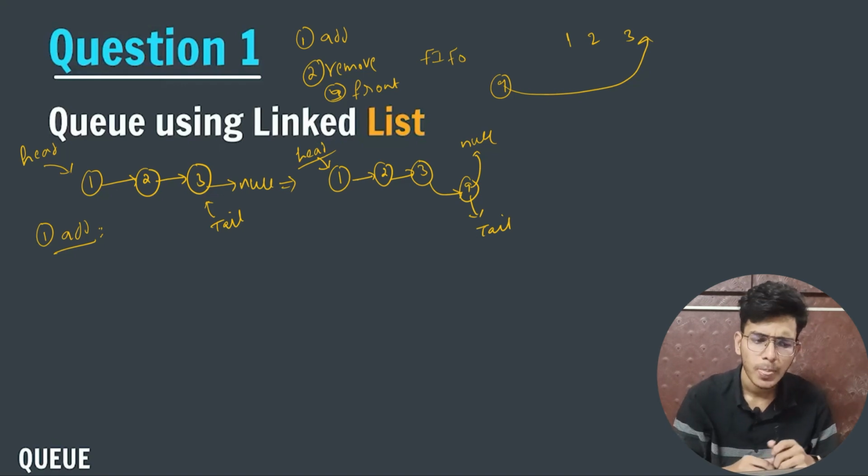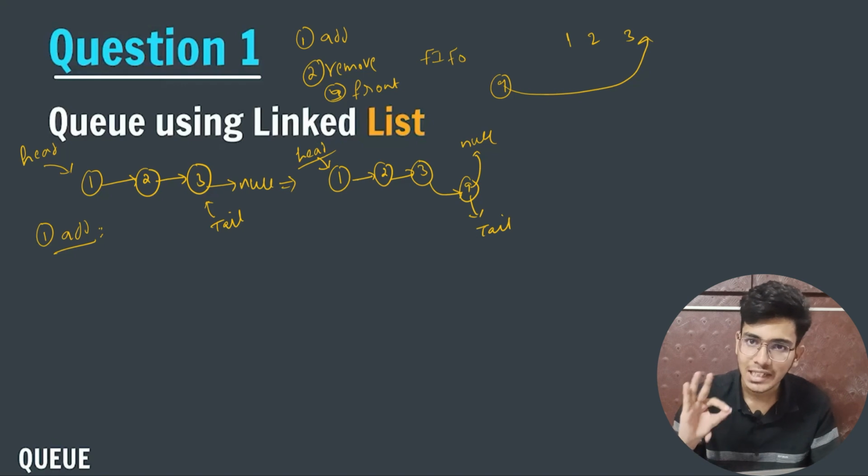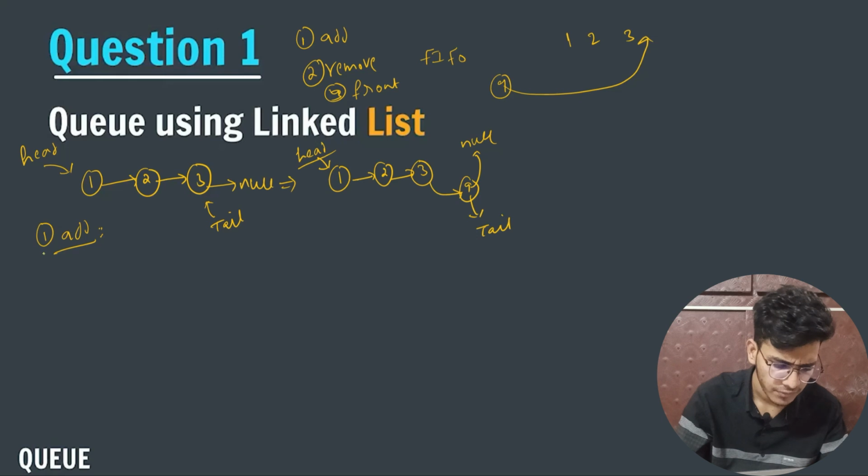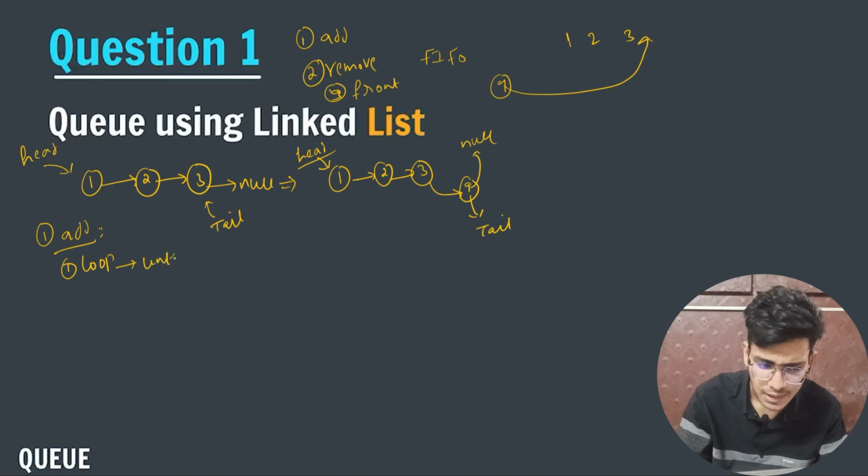So the adding operation is a 3-step process in a linked list. The first step is that I will run a loop until I get my tail.